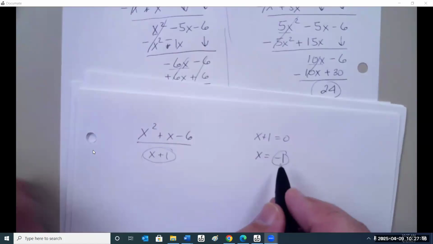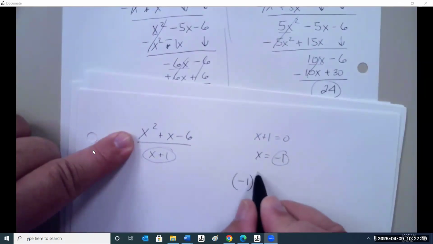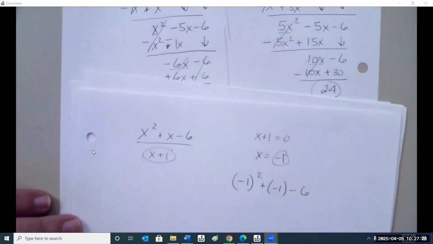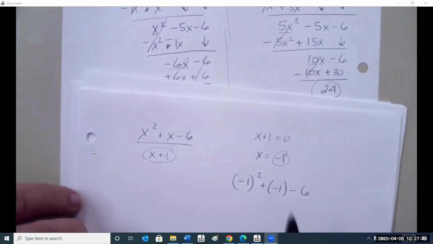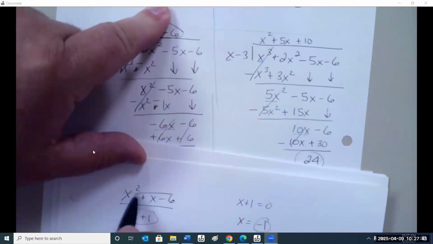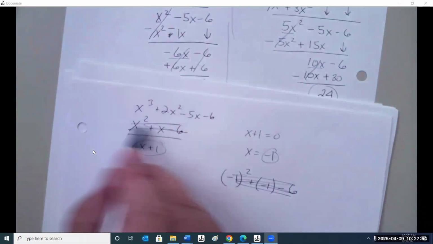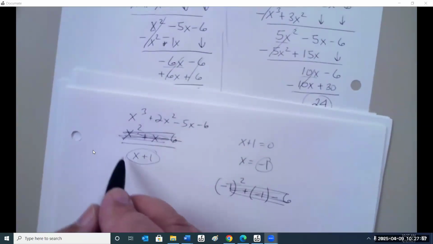If we took this -1 and put it inside here... oh, no, I'm sorry, wrong one. The original equation was x cubed plus 2x squared minus 5x minus 6. So we have to look at the original equation, divided by x plus 1.